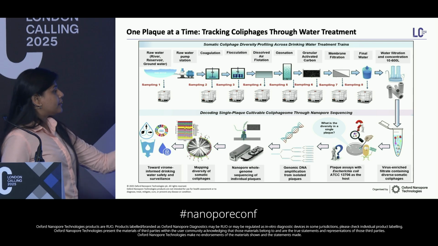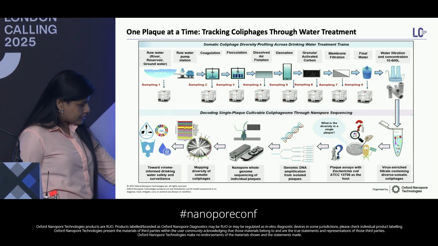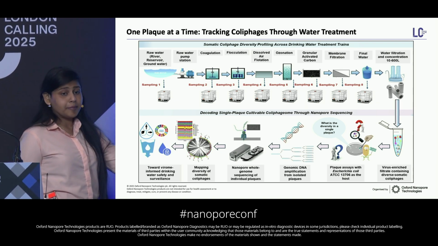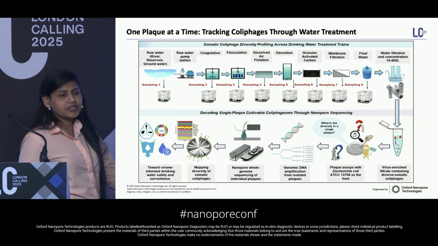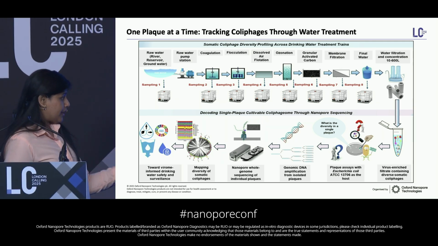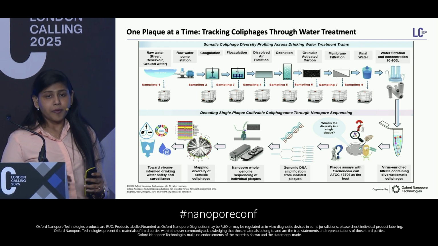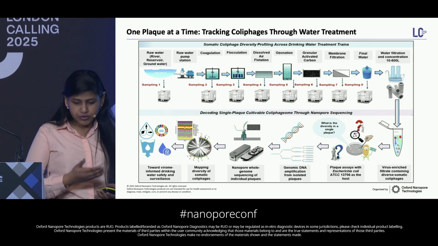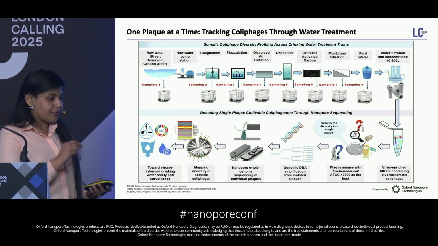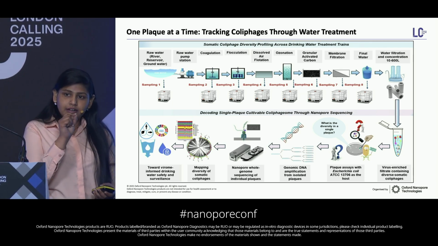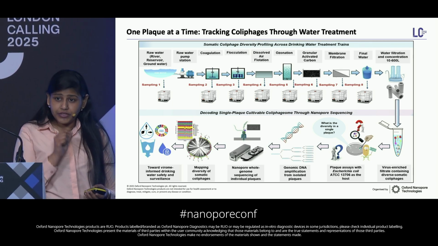Then we individually picked a single plaque from the plate, and that single plaque was sequenced using MinION nanopore sequencing. We did not isolate this plaque because we wanted to see, when we put the water on the Escherichia coli and get those plaques, what is the genomic diversity present within that plaque.